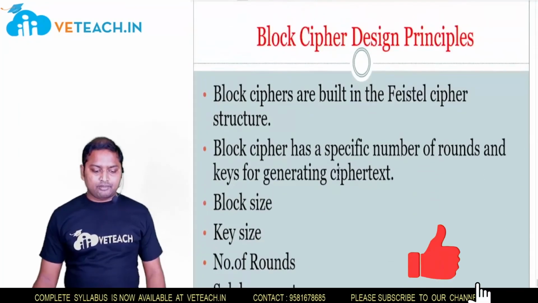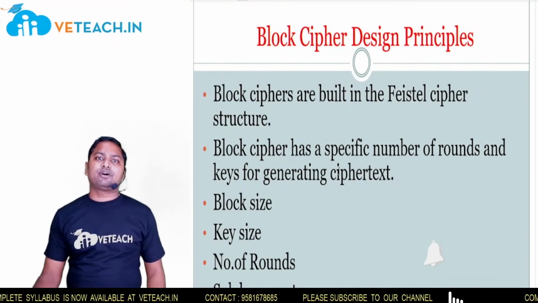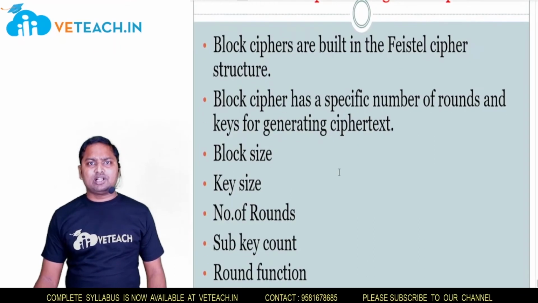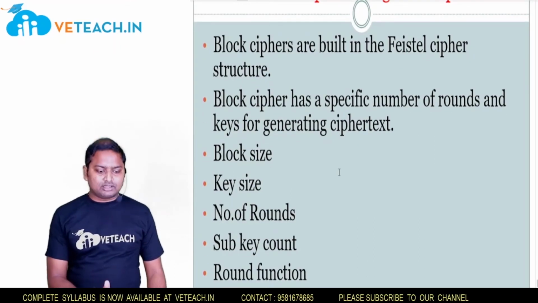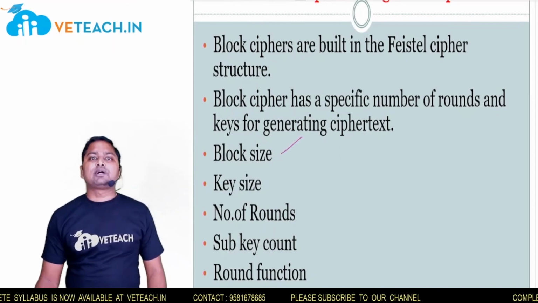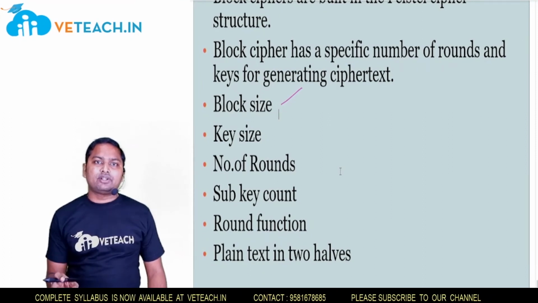Now I will explain the block cipher design principles. When you are working with any block cipher algorithm or methodology, you should take care of all these things. The first one is the block size. What is the block size? I already said the block size depends on the plain text.